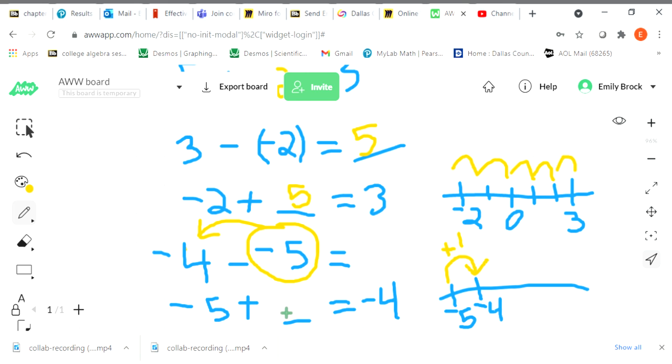So negative 5 plus 1 is negative 4. And negative 4 minus negative 5 then is also 1. And that is subtracting by finding the missing addend.